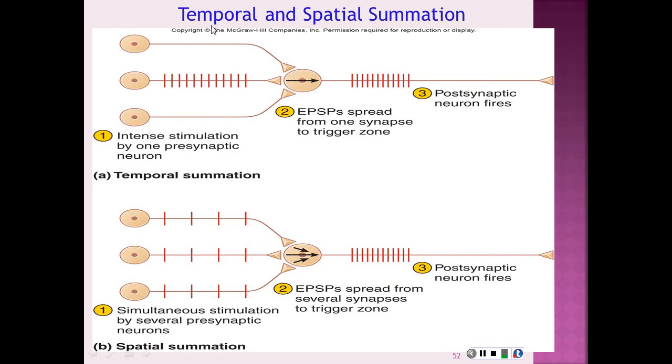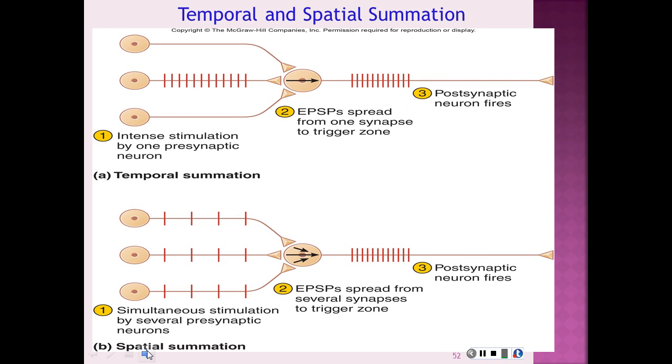So here we have an example of temporal and spatial summation. Here we have intense stimulation by one presynaptic neuron, triggering the EPSPs. They're going to spread from one synapse to the trigger zone, getting our postsynaptic neuron to start firing.